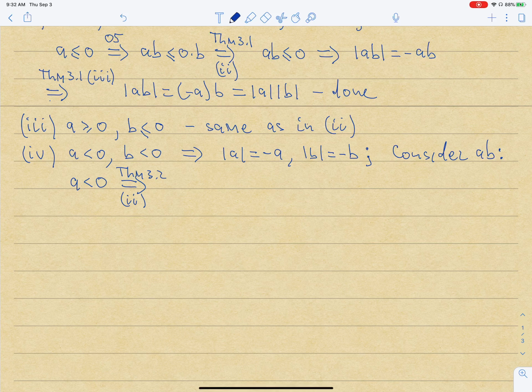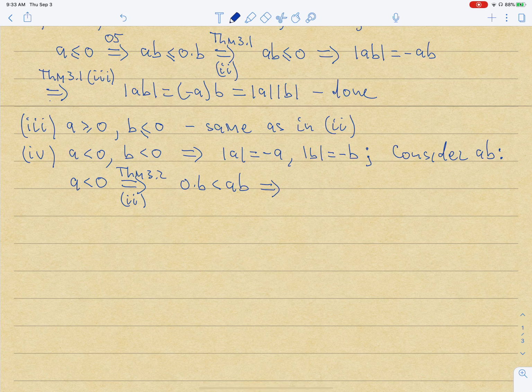There we discovered that if we multiply an inequality by a negative number, then the sign of the inequality should switch to the opposite. So if A is less than 0 and B is a negative number, if I multiply A less than 0 by B, then what I'm going to get is that 0 times B is going to be less than A times B.